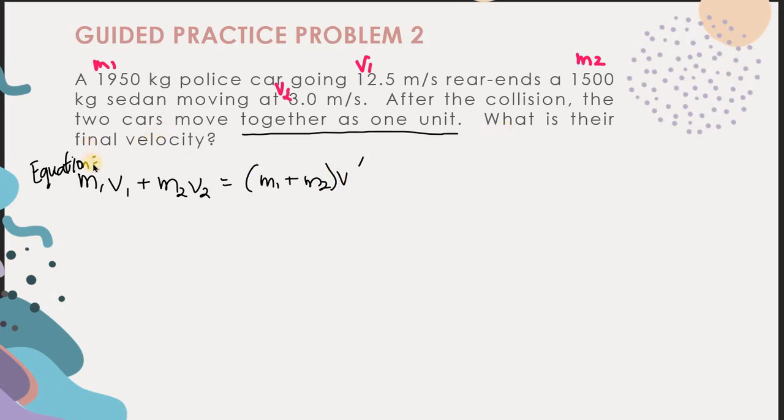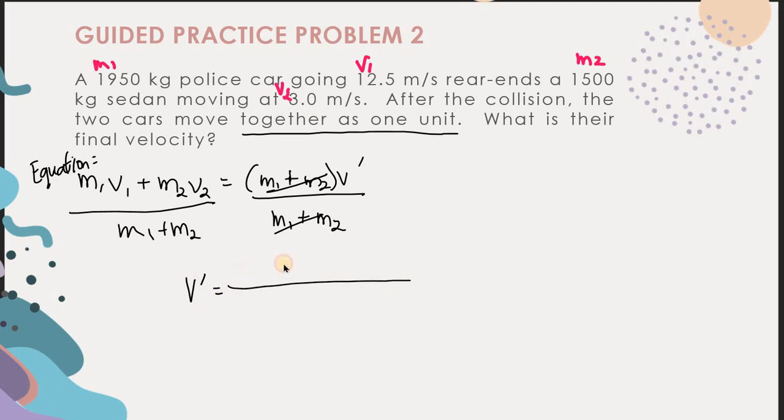We are asked to find the final velocity, so we'll divide both sides by M1 plus M2. Our equation will be V prime is equal to M1 V1 plus M2 V2 all over M1 plus M2.